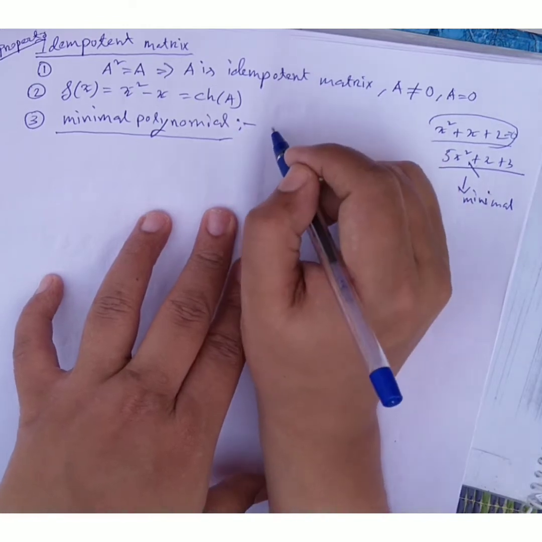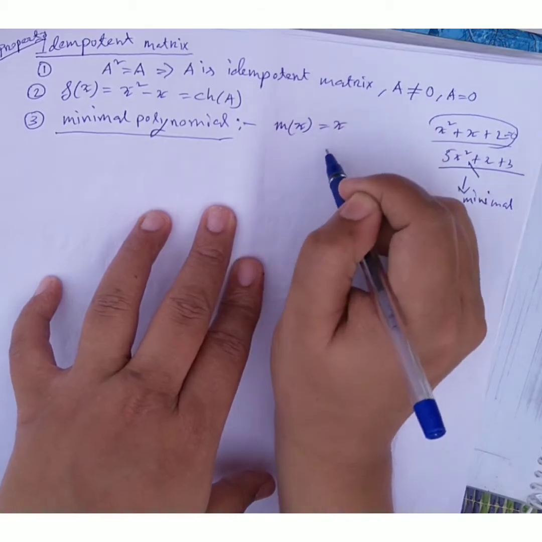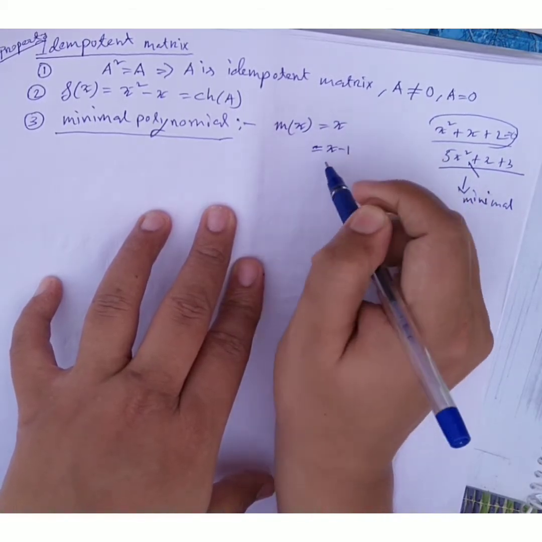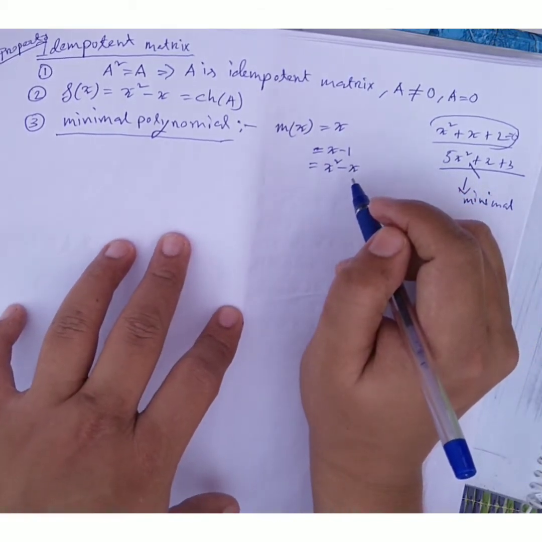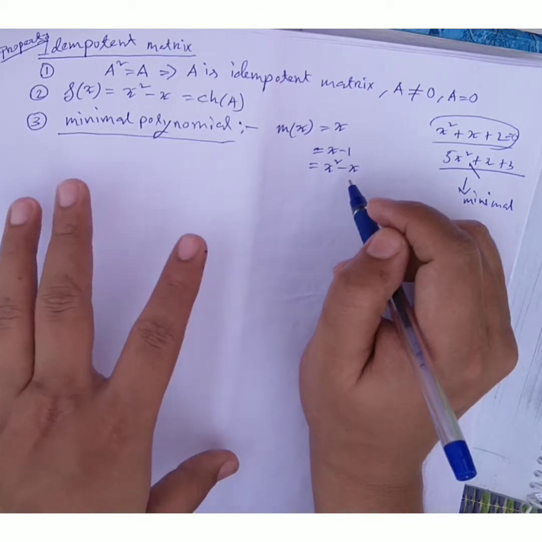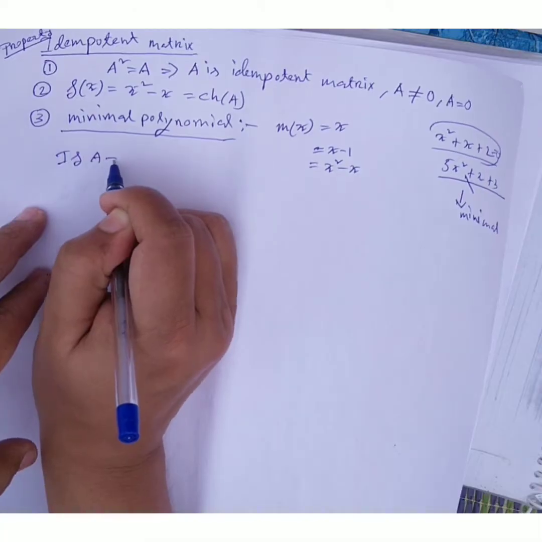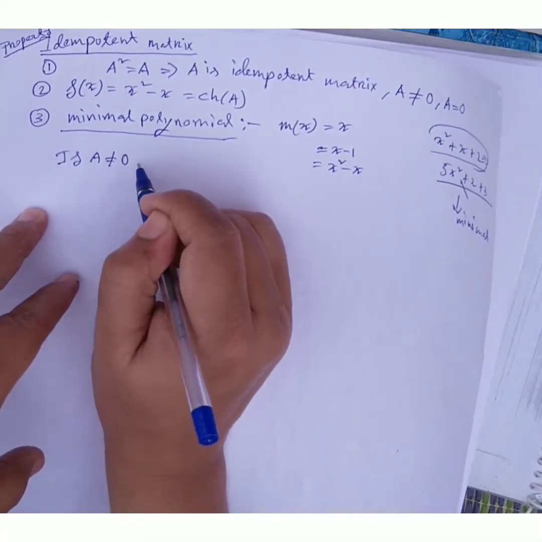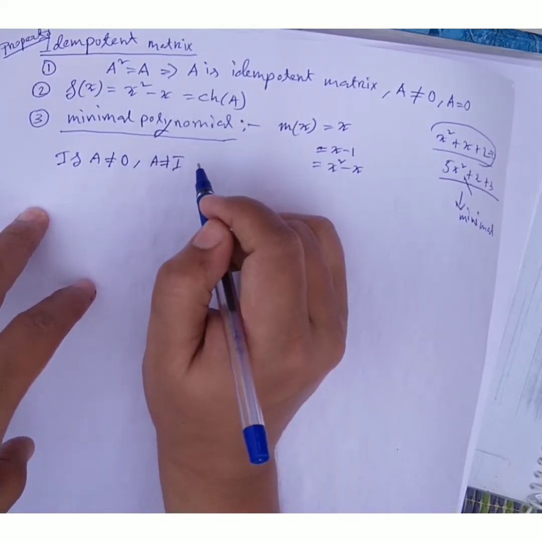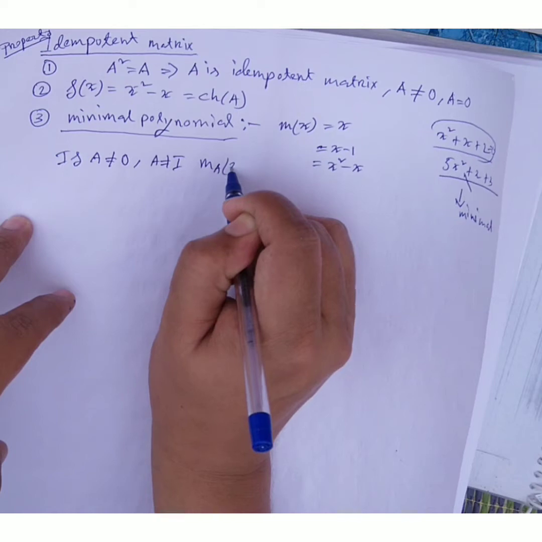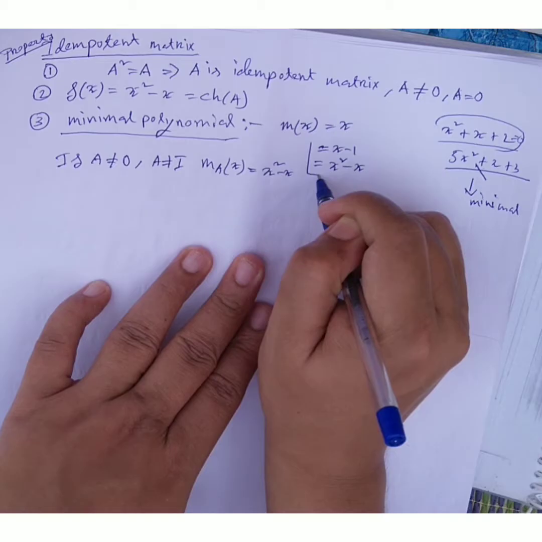Minimal polynomial m(x) becomes x, or x minus 1, or x square minus x, and this can be a minimal polynomial. And if A does not equal 0 and A does not equal I, then the minimal polynomial is obviously x square minus x.